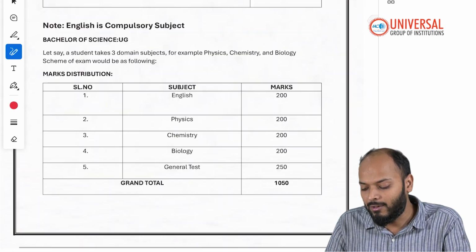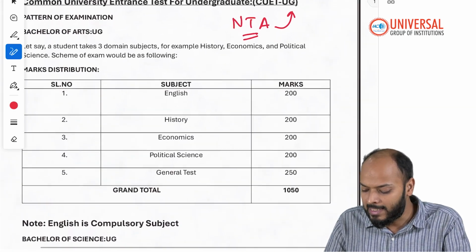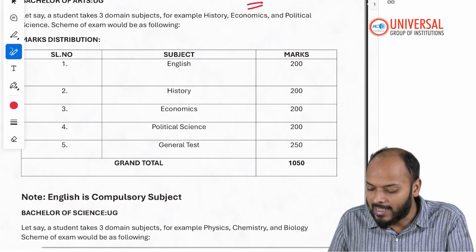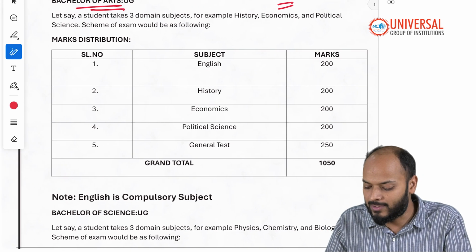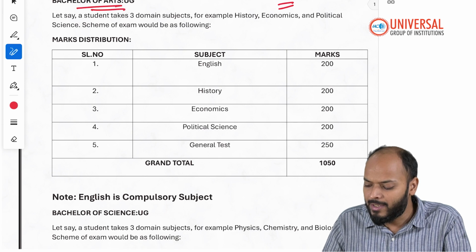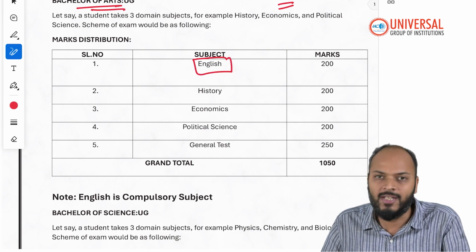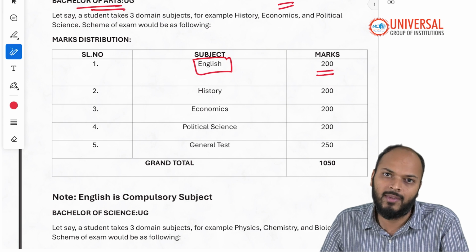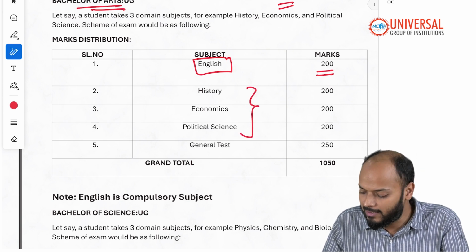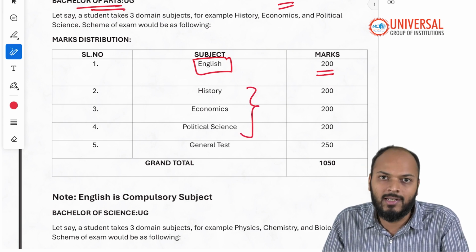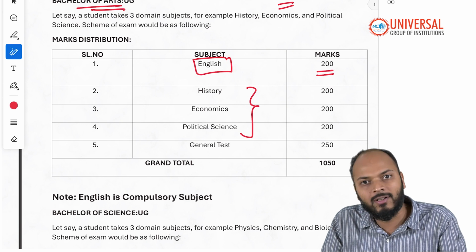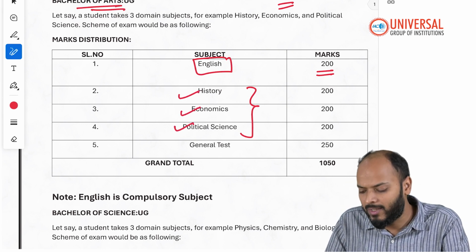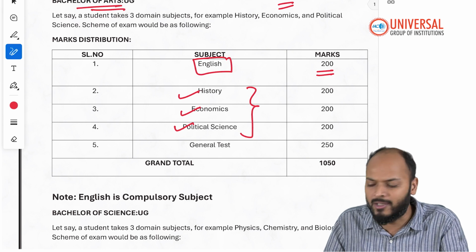We'll take the example of DU here. So in case of DU, let's say you are writing for an arts course, Bachelor of Arts course. What you have to do is, you can take English as the language. Now this English language paper is of 200 marks, right? Then you can take 3 subjects from the domain list. Now if you are writing for arts, you will be taking subjects like history, economics, political science, or geography, and so on, right?